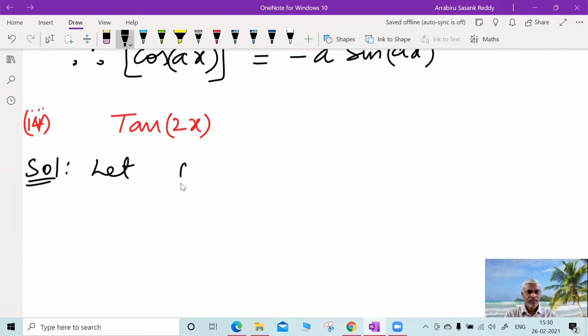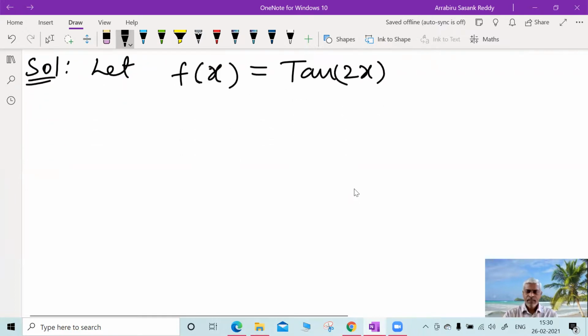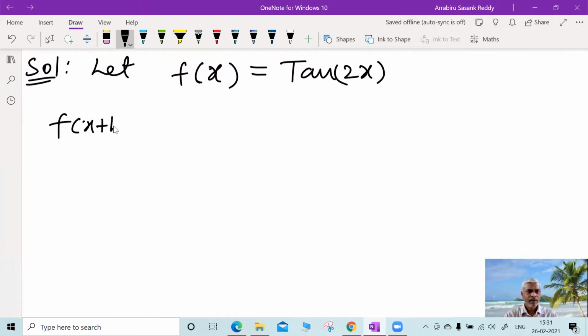Let the given function be f of x. F of x is equal to tan 2x. Now, let us find the value of f of x plus h minus f of x.